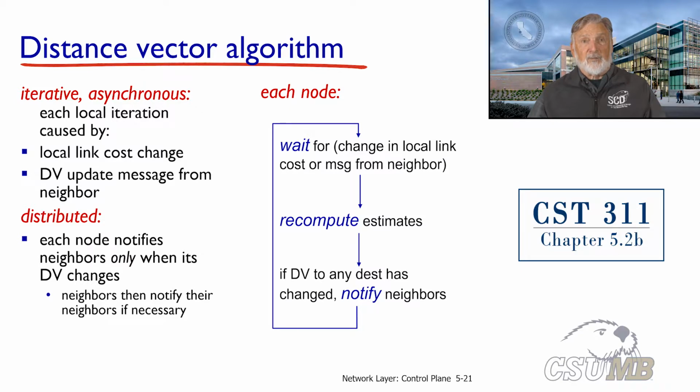These could be initiated by an initialization, by a change in the cost of the local link, or a neighbor passing on a DV update from its own neighbor. The node then recomputes the path cost estimate. If the DV to any destination has changed, the node notifies its neighbors. If the DV has not changed, the node will not send the DV update.